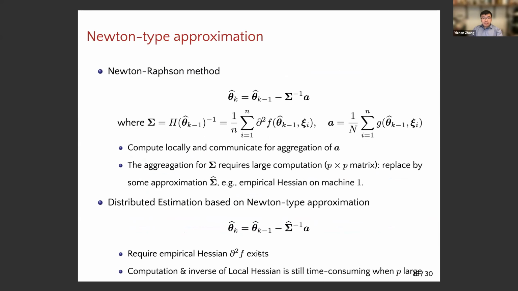So this means that we are actually creating an estimator sigma hat to approximate sigma here. It still requires the empirical Hessian to exist. And also the computation of the inverse of the local Hessian is still time consuming when P is large.